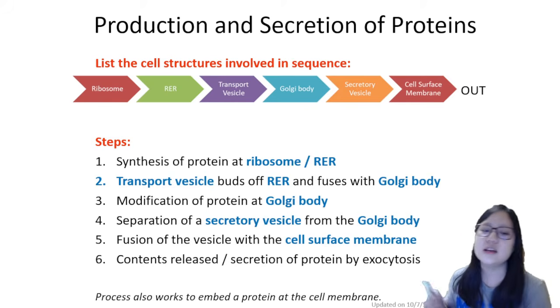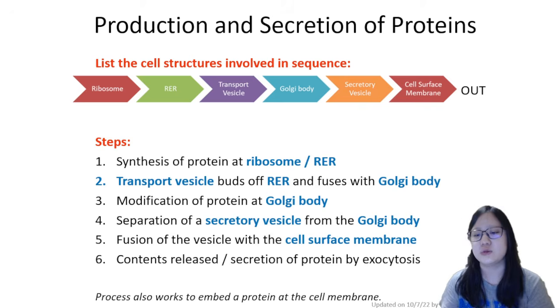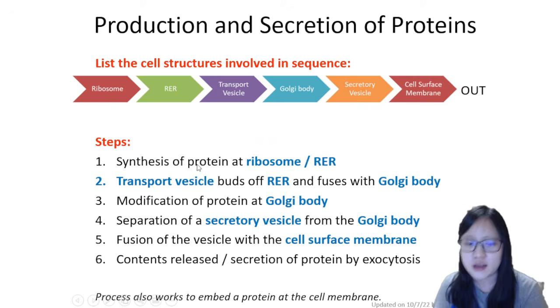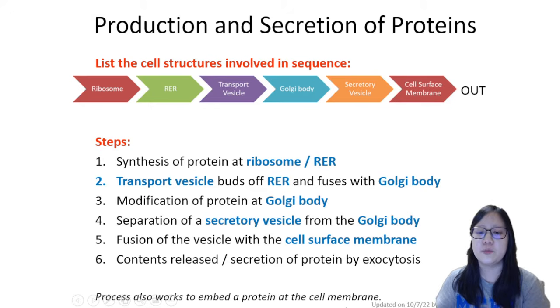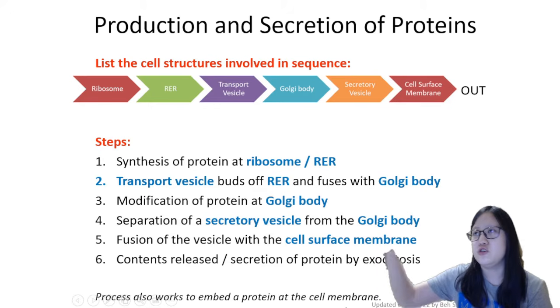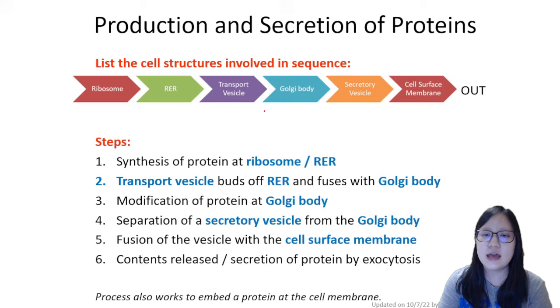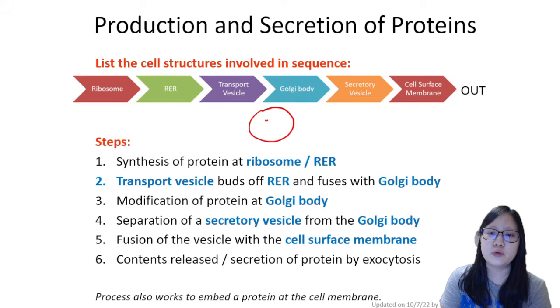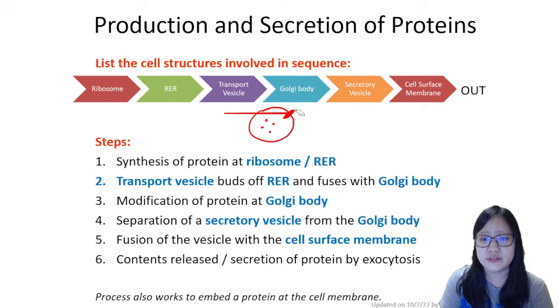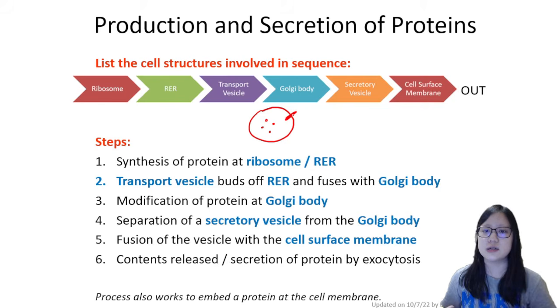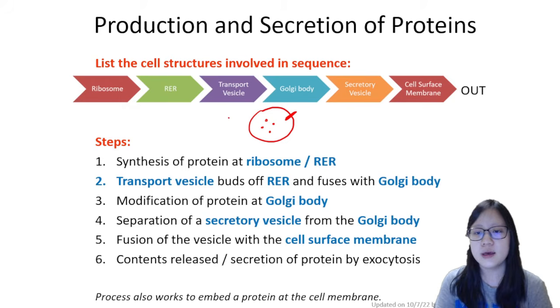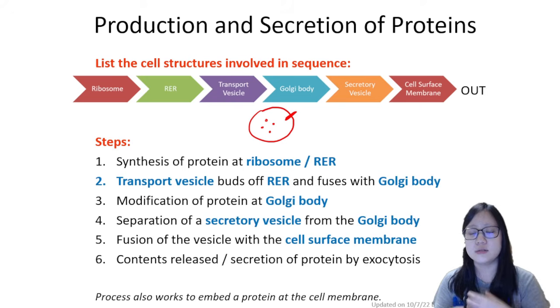Now, bear in mind that this process also works to embed a protein at the cell surface membrane. The only difference between a protein at the cell surface membrane and a secreted protein is that, instead of the proteins being inside the vesicle, as with a secreted protein, the protein would be on the surface of the vesicle. So when the secretory vesicle fuses with the cell surface membrane, the vesicle membrane also becomes part of the cell surface membrane, right?